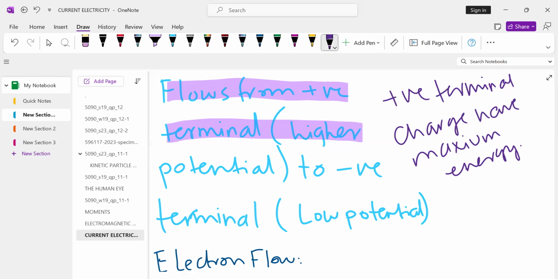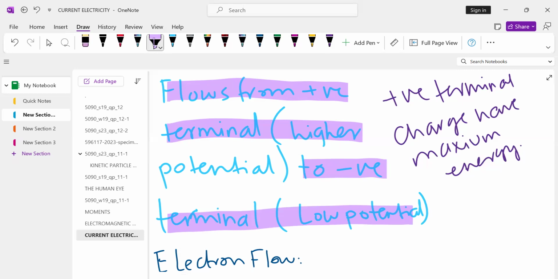In both cases, charge is positive, whether it is at the negative terminal or positive terminal, but at the negative terminal it will have minimum energy, while at the positive terminal it will have maximum energy. So conventional current flows from the positive terminal to the negative terminal, which is lower potential.